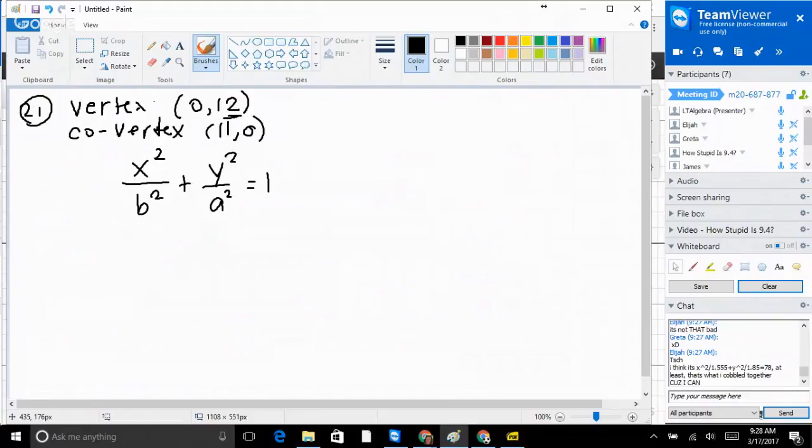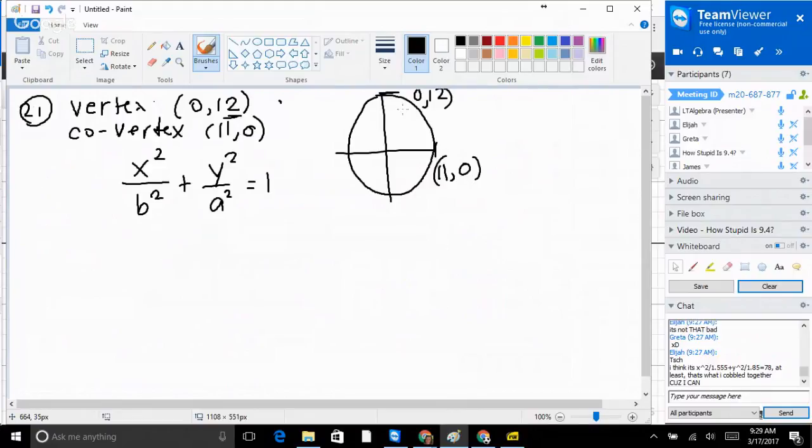If you were just to sketch this, it's going to actually look really close to a circle. This is going to be a really big ellipse. But your a is going to be 12 and your b is going to be 11. This is at (0, 12), and this is at (11, 0).